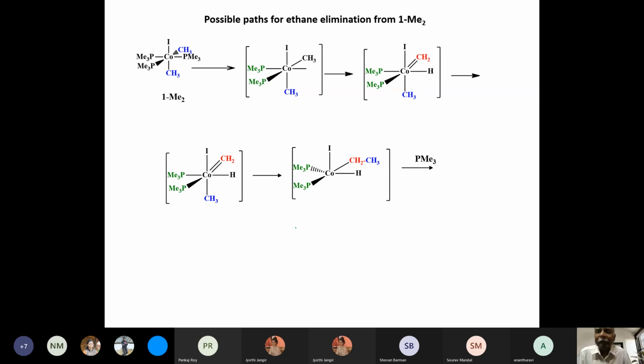So why do you need to have a 5-coordinate intermediate? Maybe there is a step which involves a rearrangement of the methyl group to a methylene and a hydride. Okay, so just imagine this, CH2H. So you have now a vacant site here. At this vacant site, you have this C-H abstraction, and that gives you this carbene hydride intermediate.